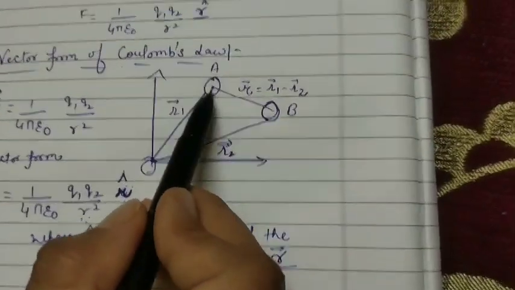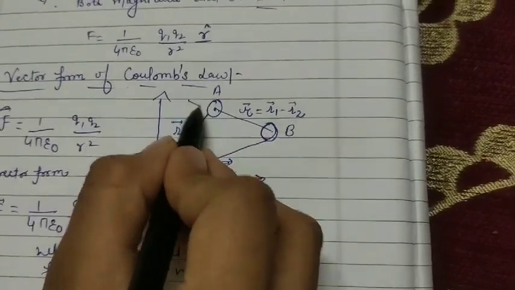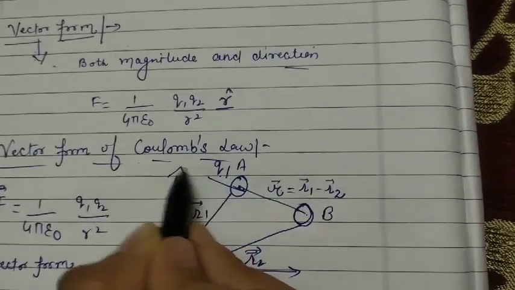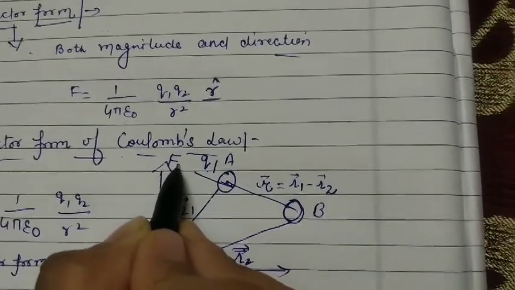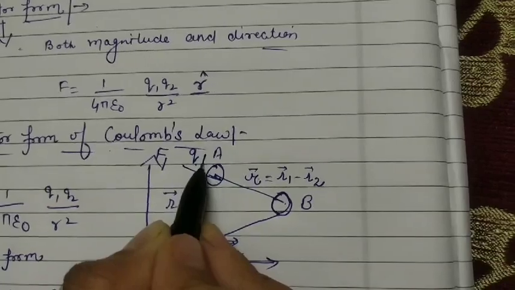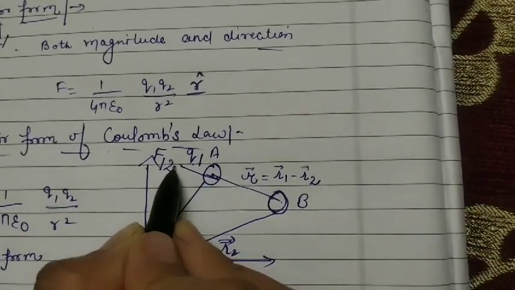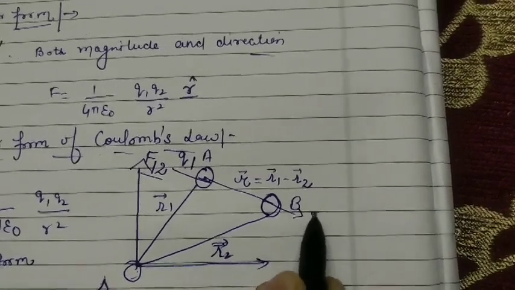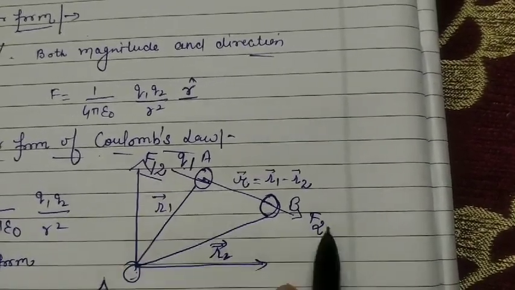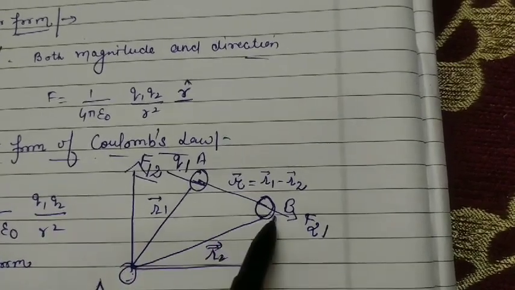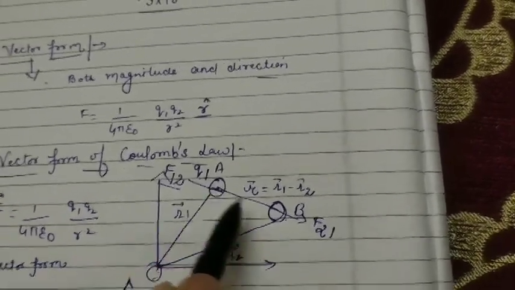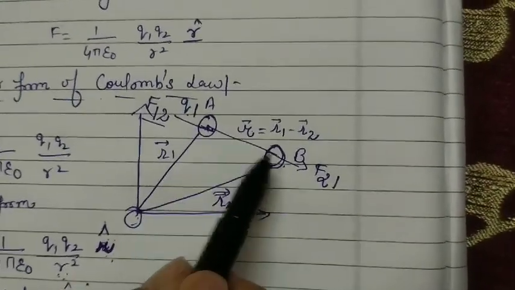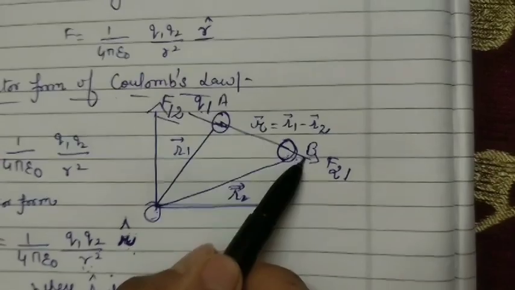Now we can find the force on charge Q1 due to the second charge, and also the force on the second charge due to the first, because there are two charges and both experience force.